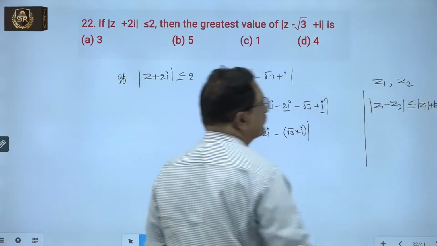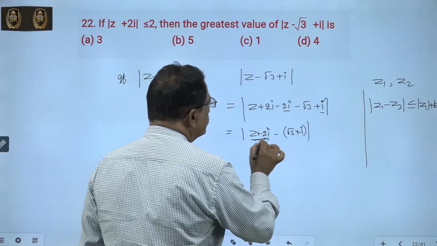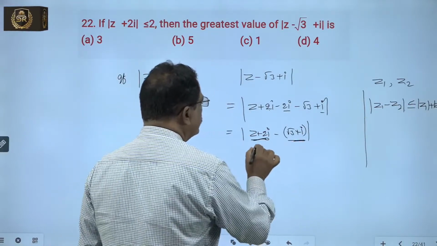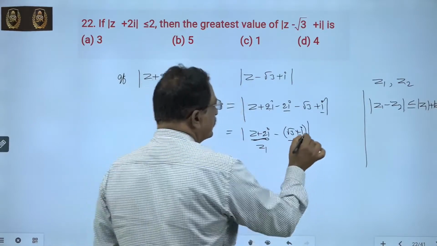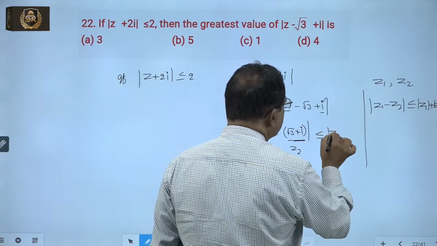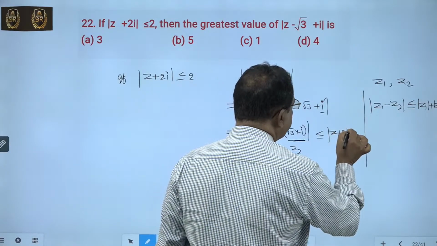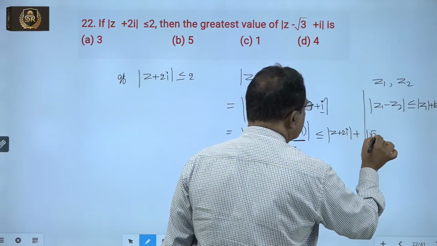In the last class we discussed this. Now consider this as z1 and this as z2. Now it is less than or equal to |z + 2i| + |√3 + i|.